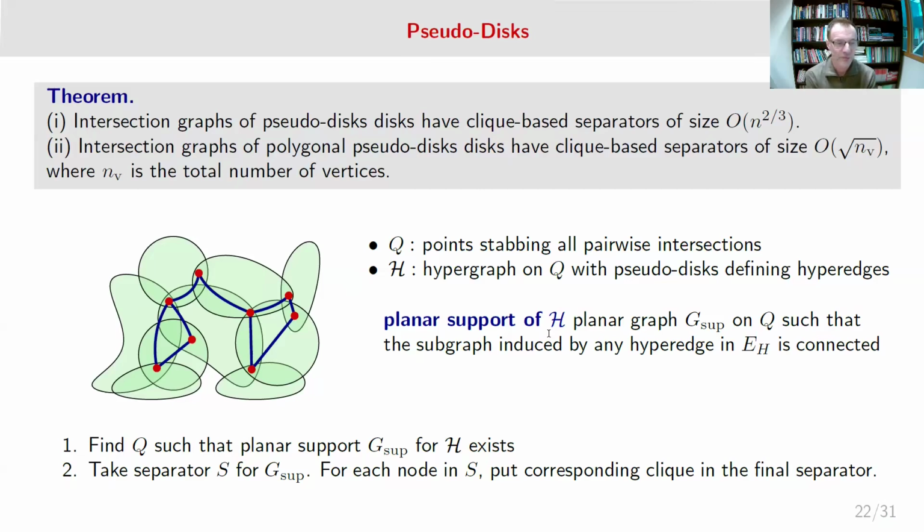Those you simply put into your separator, right? So cliques of size n to the 1/3, you don't have more than n to the 2/3 of them. So you put them into your separator. After that, you have an arrangement whose depth, whose ply, is n to the 1/3. And therefore the whole arrangement has n to the 4/3 complexity, and then it's easy. So it's a very naive way of doing it.